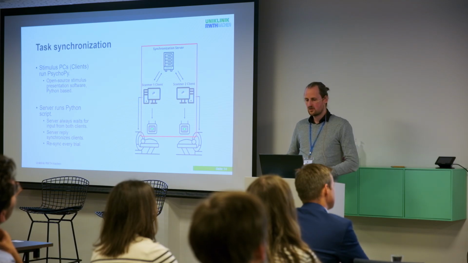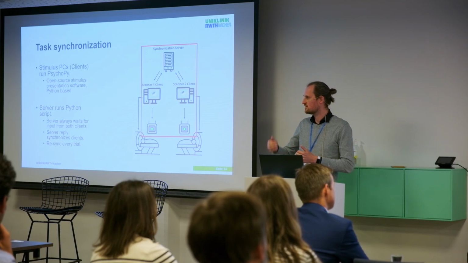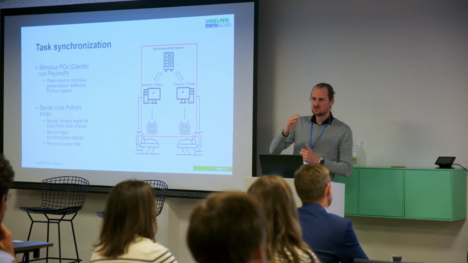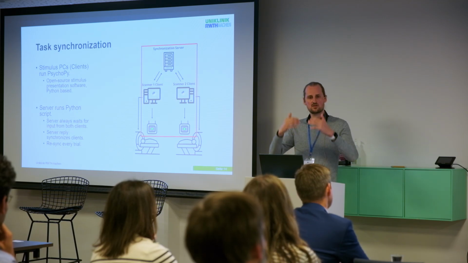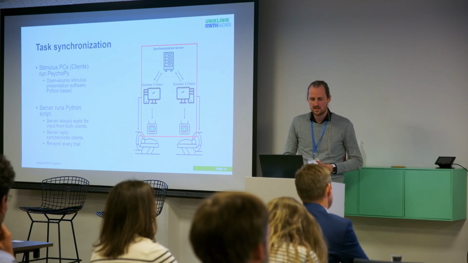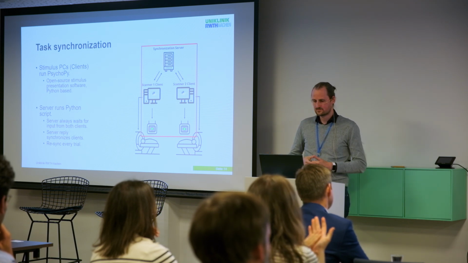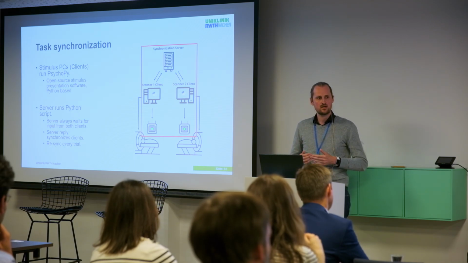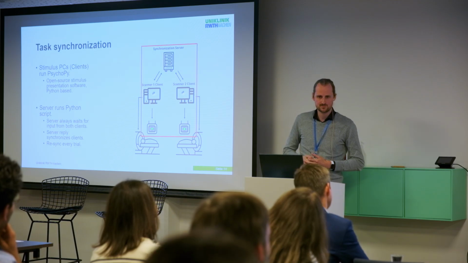Then if client 1 presses the button, it sends a message, the server will reply, well, thank you for the message, please wait. Then client 2 sends a reply, and only when both clients have sent their message, the server will send a go or a start signal to both computers, and then the computers will continue their task. And because this is done every single trial, we now have 2 tasks which are basically perfectly synchronized with each other.